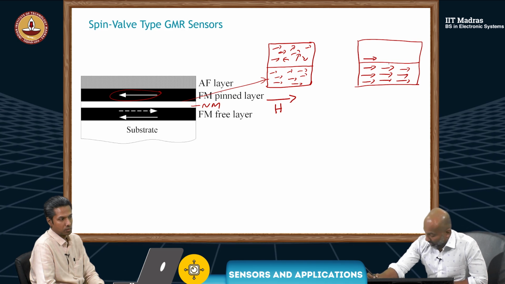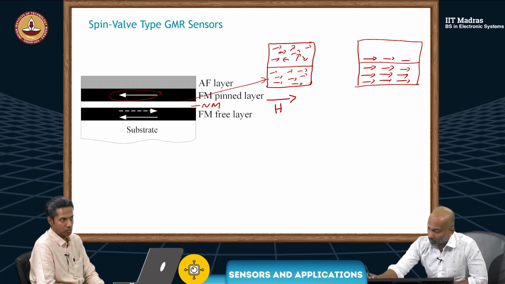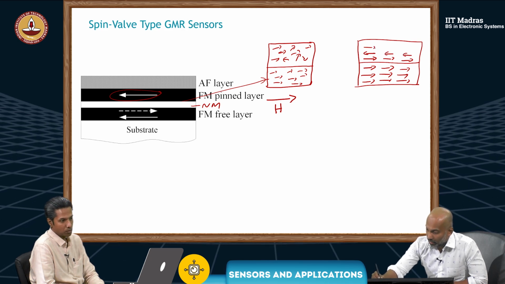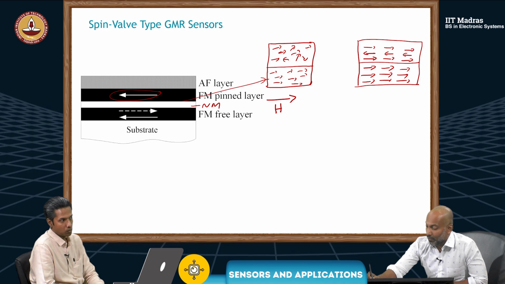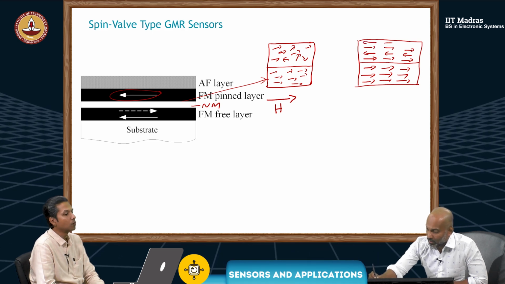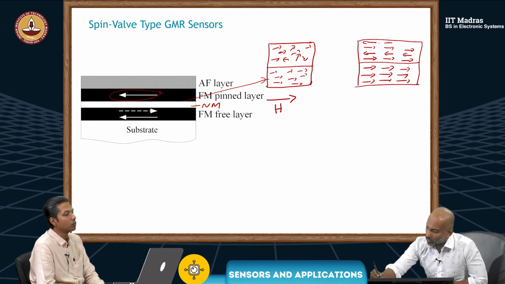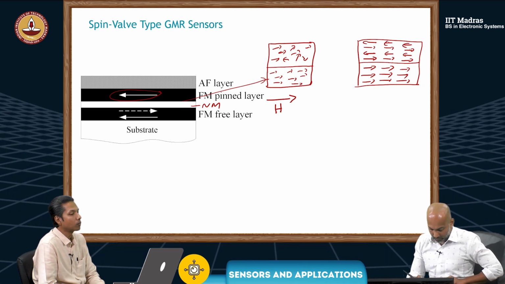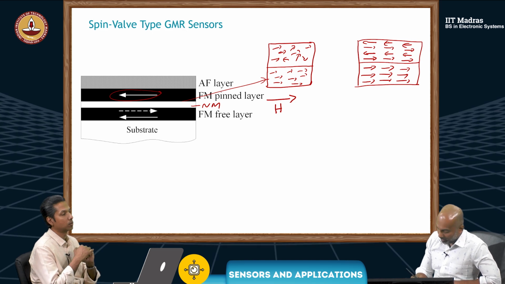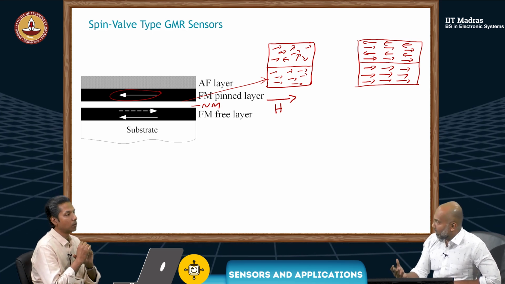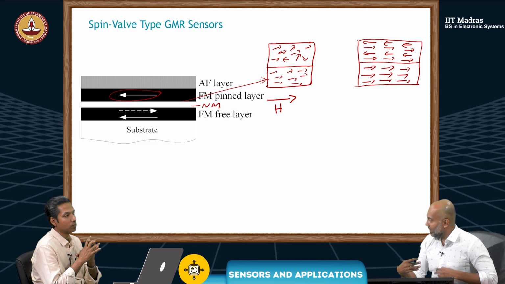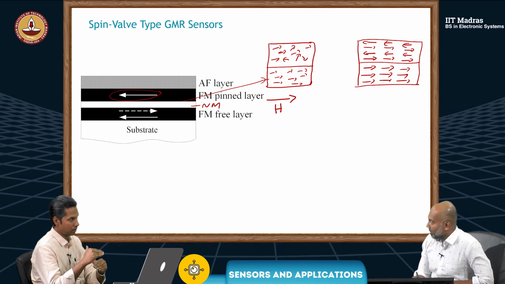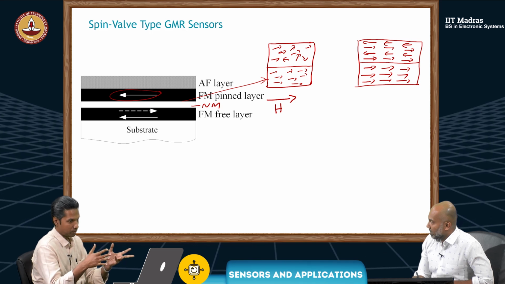This antiferromagnetic layer is going to align, but in an antiferromagnetic way. In an antiferromagnet, your neighboring domains are aligned opposite to each other, like this, and within the layer they are aligned like this.